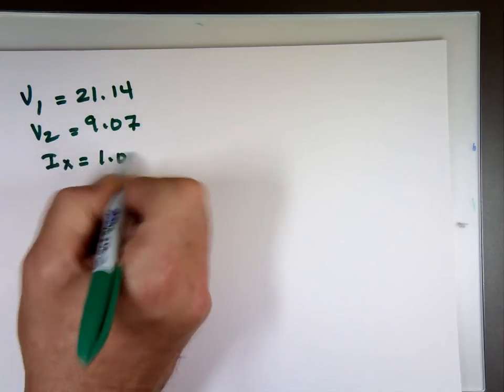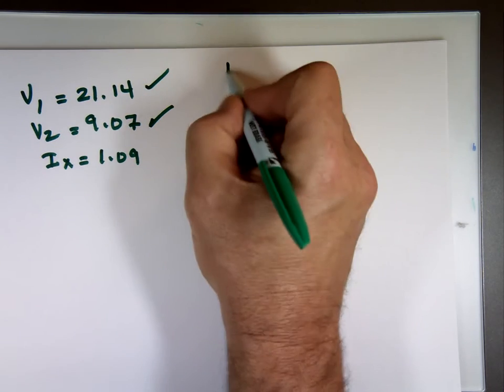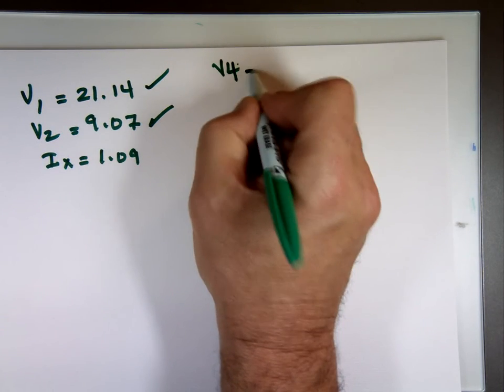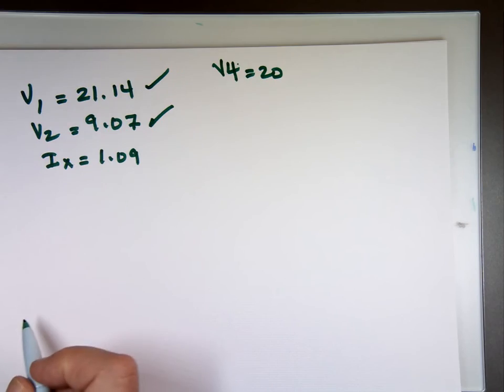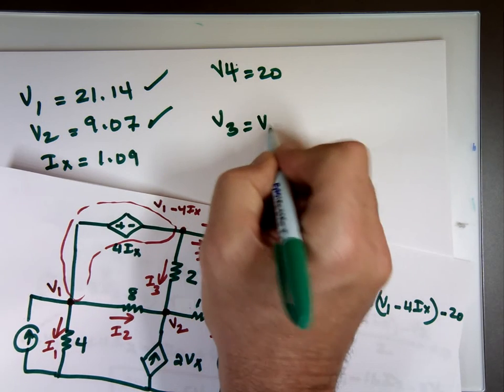So there's V1, there's V2. We know V4 is 20. That was the source. That was V4. V3 is that one. So what's V3? It's V1 minus 4 I sub x.